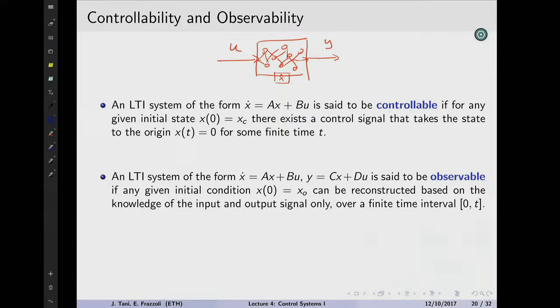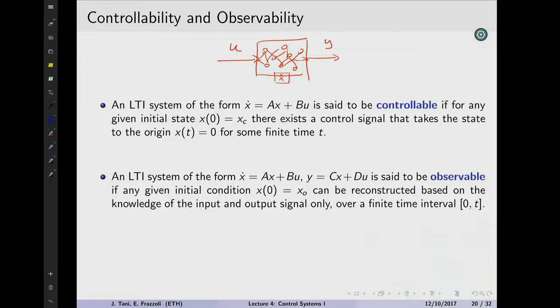And question number 2 is, just by looking at the output of a system, is it possible to understand, to discern, to distinguish the evolution of every single state variable that contributed to that output? Remember, the output y is equal to Cx. It's a combination of the state variables, right? So the answer is not trivial in the sense that it depends.